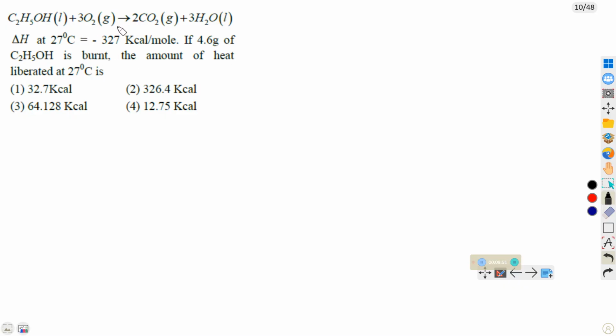C2H5OH plus 3 moles of O2 gives rise to 2 moles of CO2 plus 3 moles of H2O. Delta H value is given. If 4.6 grams of C2H5OH is burnt, the amount of heat liberated is? 1 mole of C2H5OH weight is 46 grams. 46 grams of C2H5OH liberates minus 327 kilocalorie per mole.